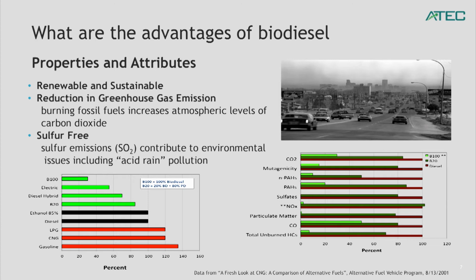Now, the other thing that's important about biodiesel is that there's no sulfur in biodiesel. In petroleum diesel, we place sulfur in that fuel in order to give it some lubricity for the engine. This sulfur, though, when combusted, makes SO2, and this is a source of acid rain. If you look over on the right-hand graph, we see a bunch of molecules that are associated with combustion processes, and we're comparing petroleum diesel to B20 and B100.